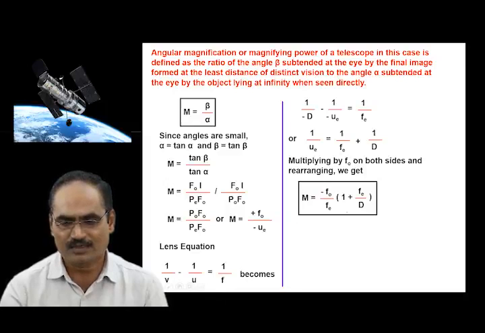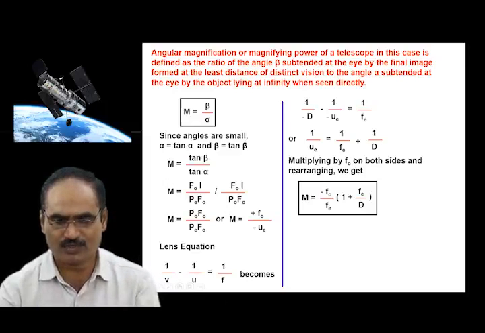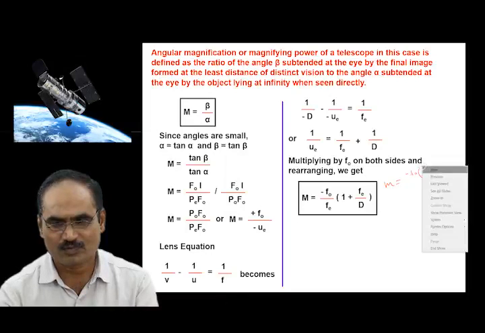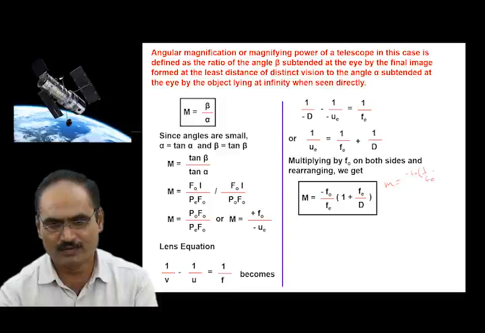So actually m is equal to minus f naught into 1 by fe plus 1 by d.